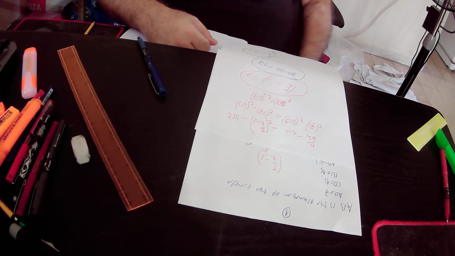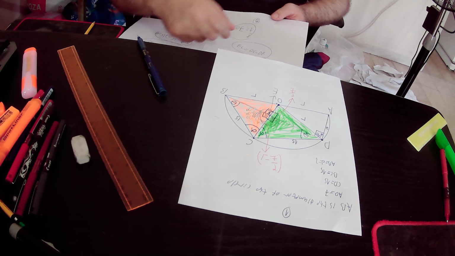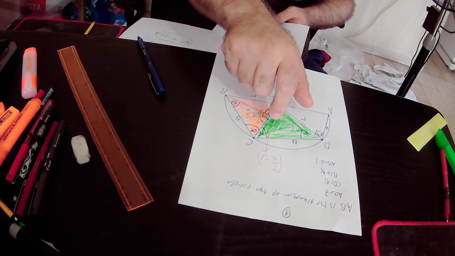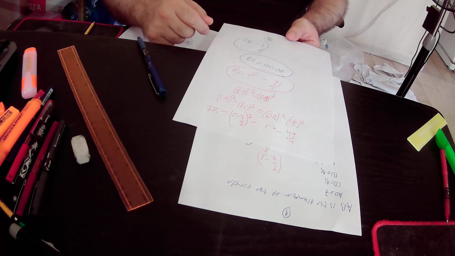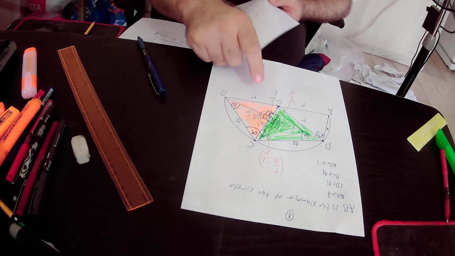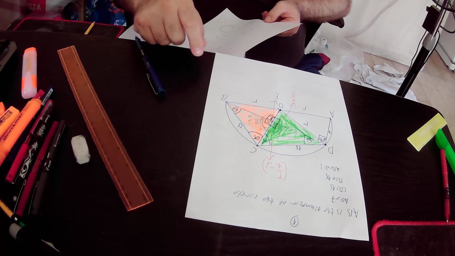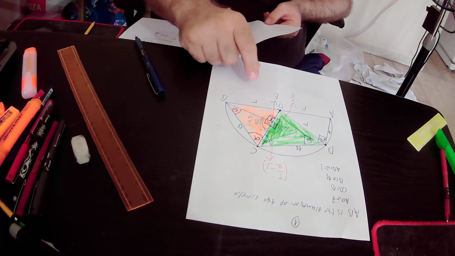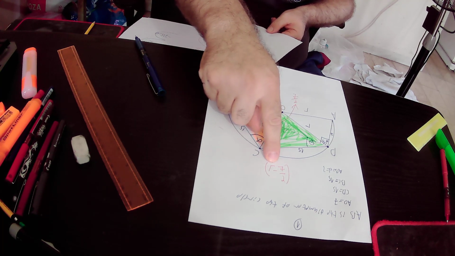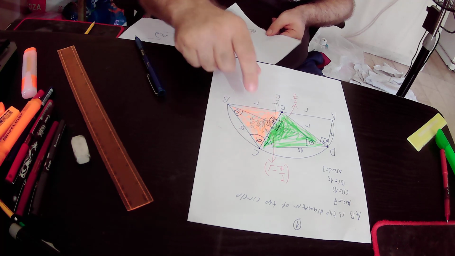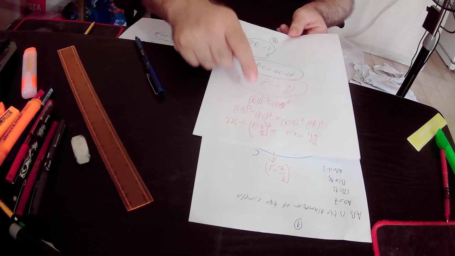CB equals 15, so CB square is 15 squared, that is 225. And CE equals R minus 7 over 2, so CE square is R minus 7 over 2 squared.